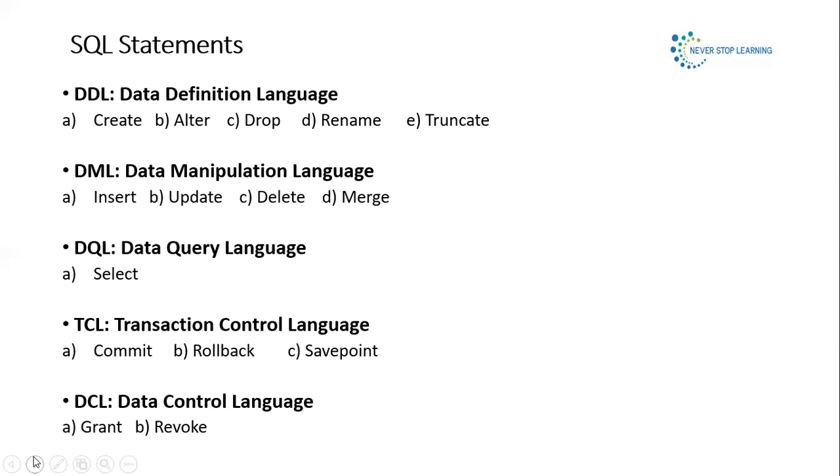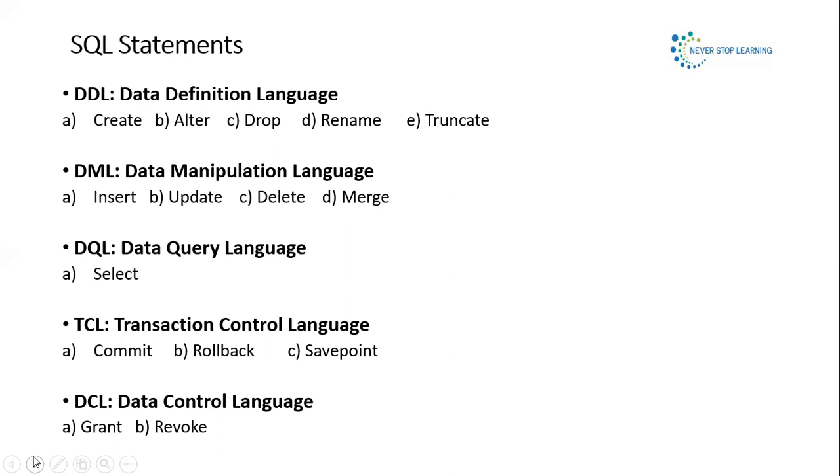Then we have TCL. TCL statements manage the changes made by DML statements. All the logical transactions, basically whatever changes are happening in transactions, our TCL commands will manage. TCL stands for Transaction Control Language, and here we have commit, rollback, and savepoint.